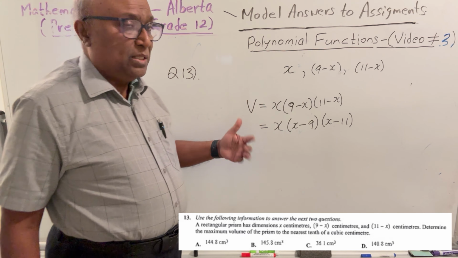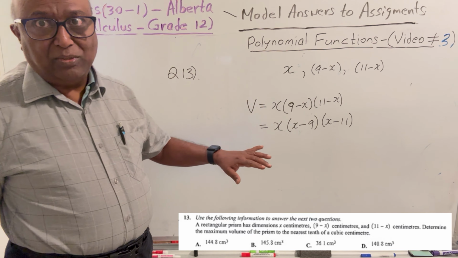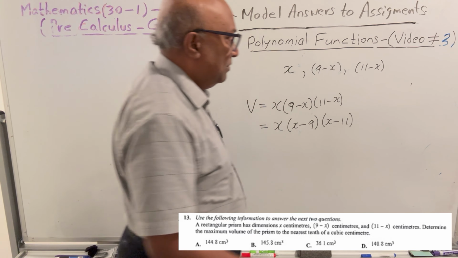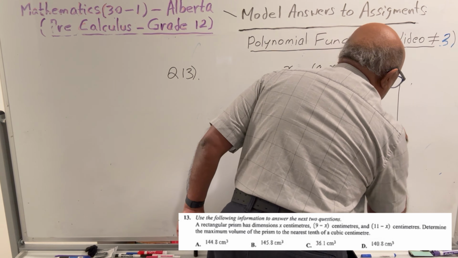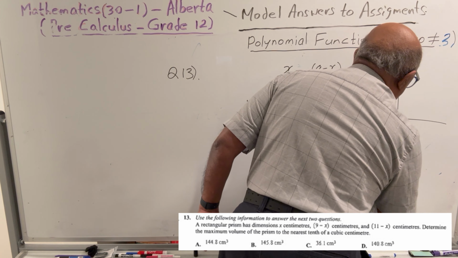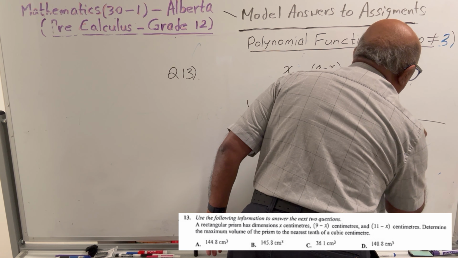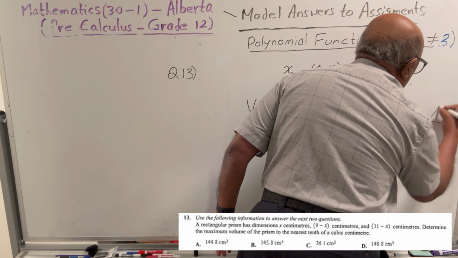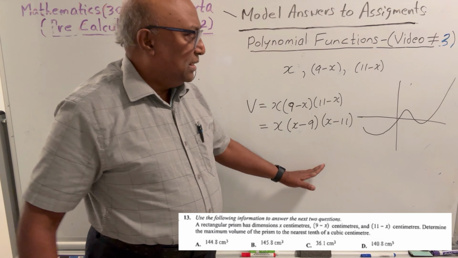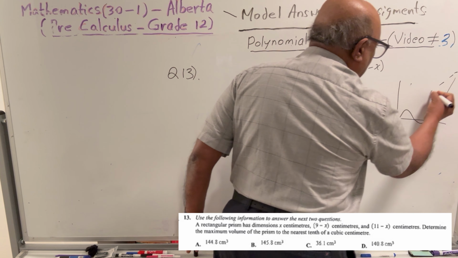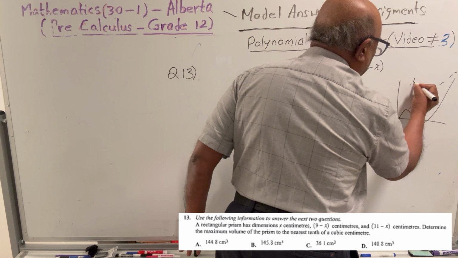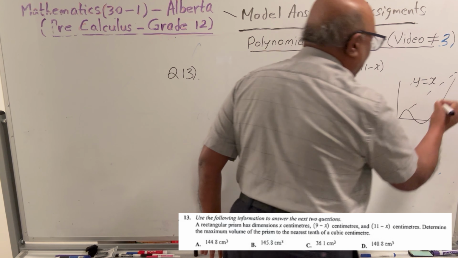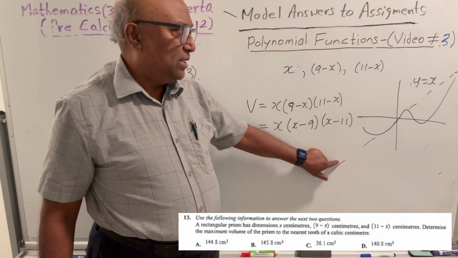If the leading coefficient is positive and the power of the function is third order, then we know the shape of the function. It usually looks like this. That means this function is parallel to y equals x. That is one property. This is the shape of an odd power function with positive leading coefficient.